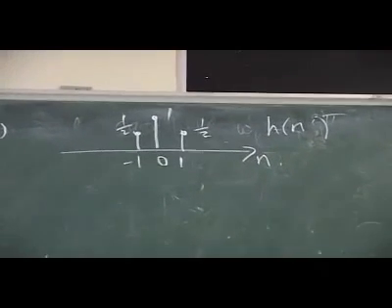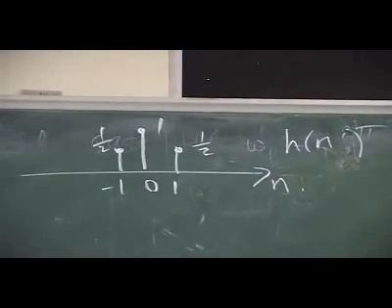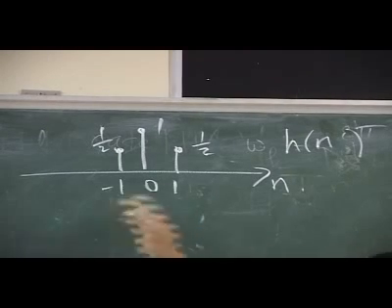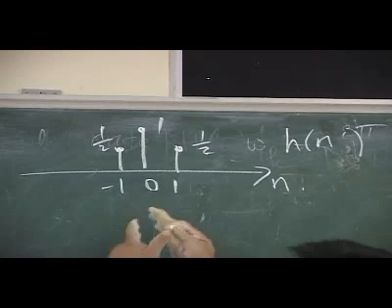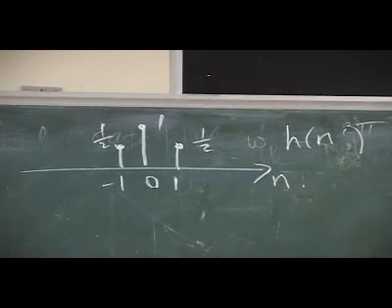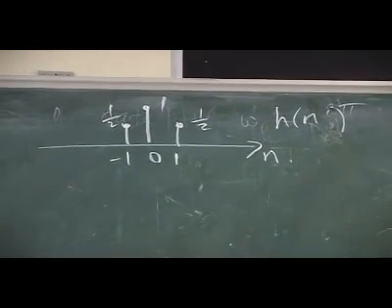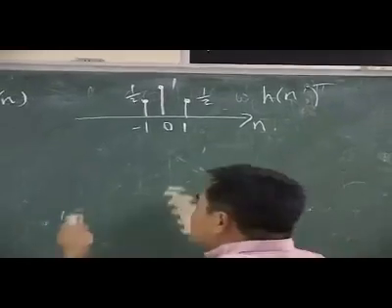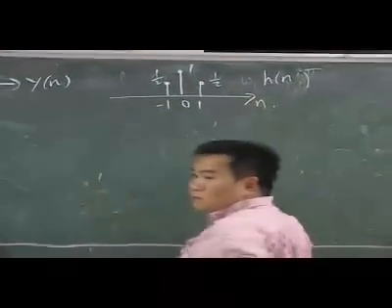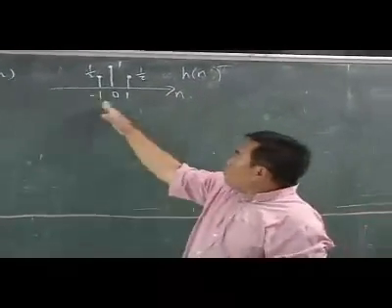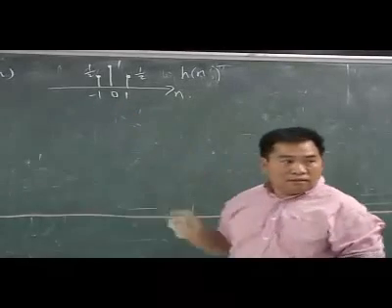And this gives you a linear interpolation. How do I make it smoother? I need to change this filter. I need to make it maybe longer. So how do I increase the support of this filter? Not from -1 to 1, but maybe longer.